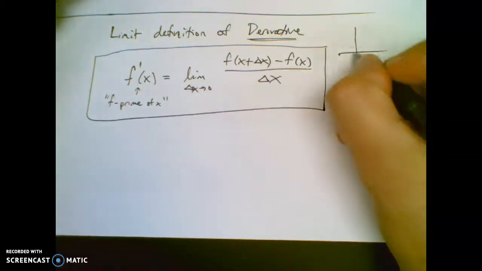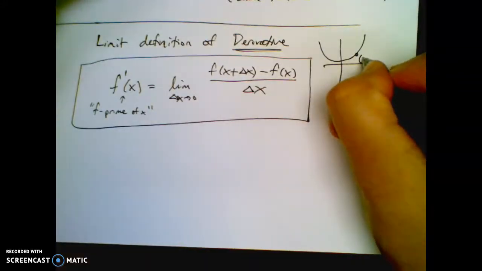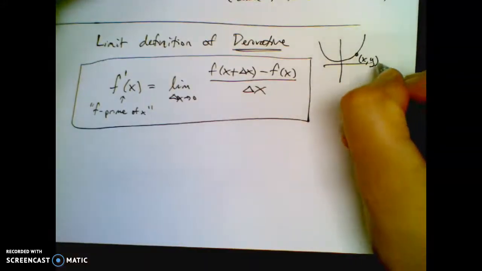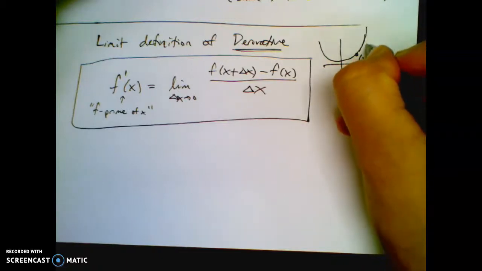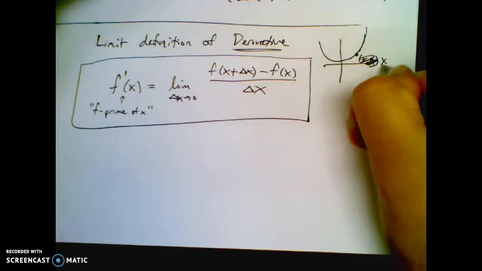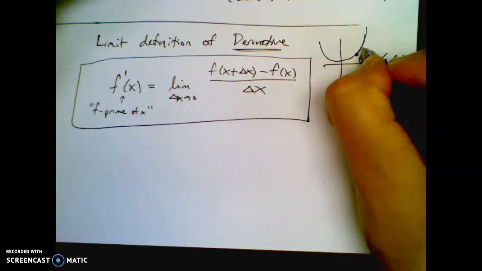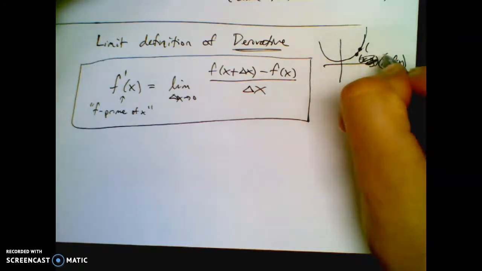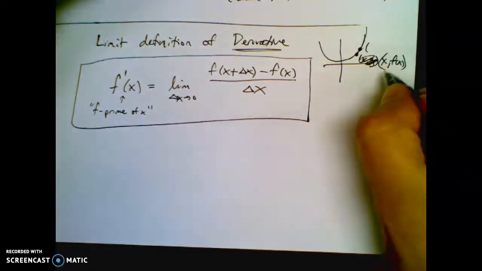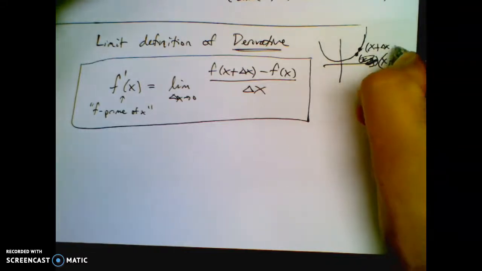So if you think about this, imagine I had this graph. If I called this point x, and then f of x is the y part, then what if I picked a point really, really close to it, and it's just a tiny bit further than x, maybe x plus a tiny amount, which is called delta x.